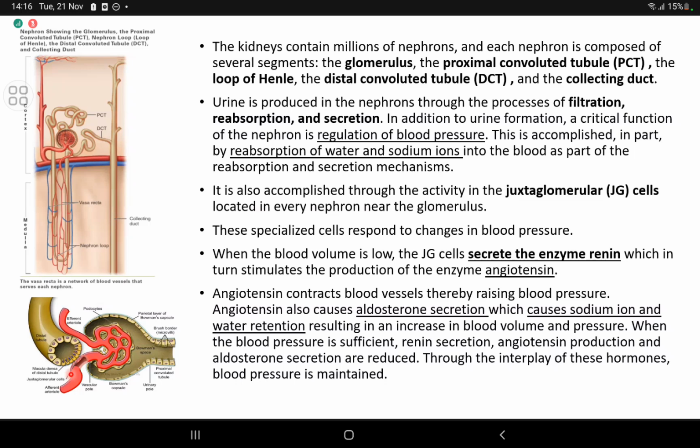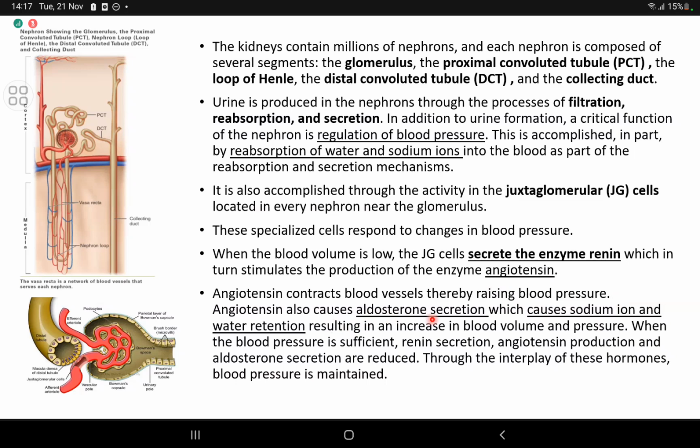So basically, these locations produce renin. Renin, still remember? The precursor for the RAA cascade. Without this renin, you are not going to produce angiotensin. Angiotensin contributes to raising your blood pressure by causing vasoconstriction and also causing the production of aldosterone.